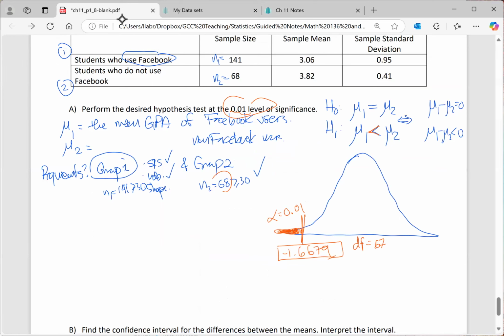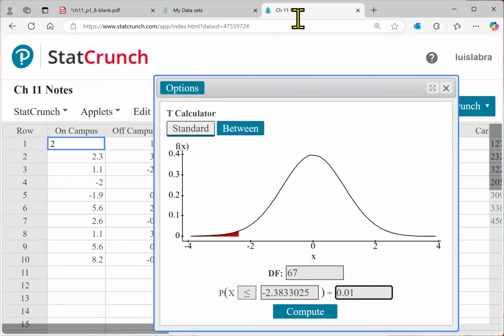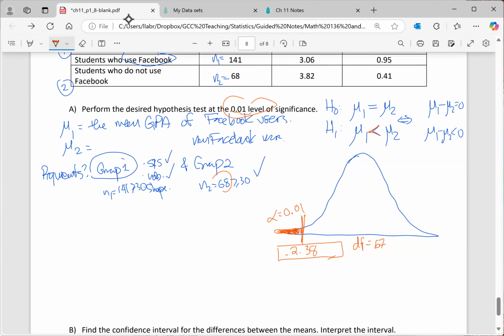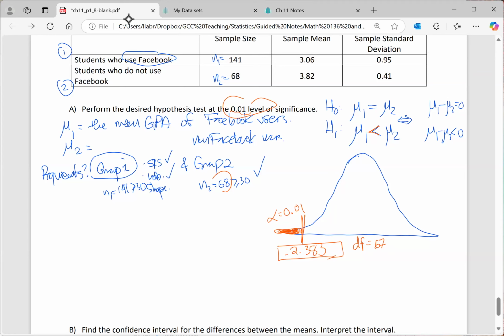So I can see that, yeah, this was not correct. This was for 0.05. All right, so we get negative 2.383. All right, so now with the correct critical value, we can go ahead and find our test statistic. So our test statistic, that'll be the t-stat and the p-value.